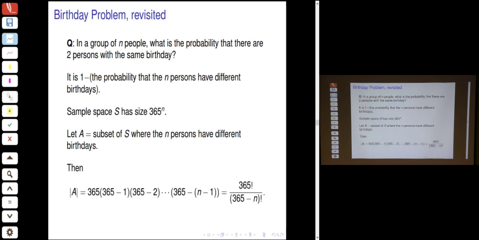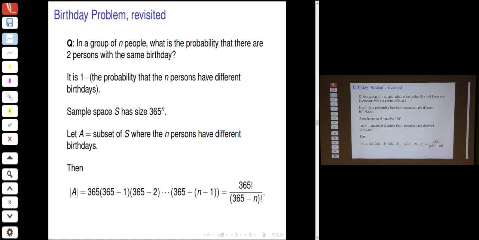Now what is the size of A? Let's calculate. The first person, maybe me, chooses my birthday, so it's one of 365 possibilities. After I choose my birthday, you cannot choose the same birthday because we assume we all have different birthdays, so you have one less choice, and so on and so forth.